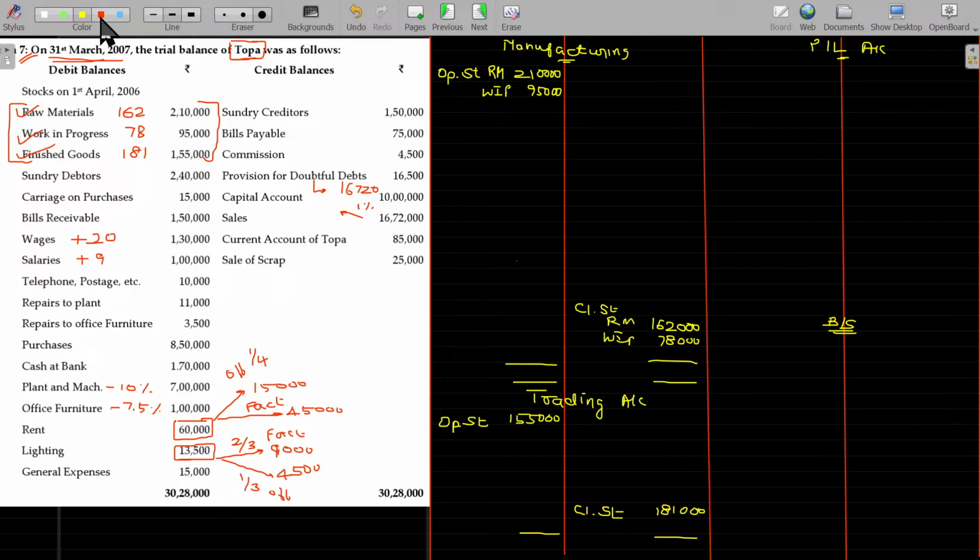Stocks over. Let's move on to the sundry debtors posted in the asset side. Sundry debtors, the value being 2,40,000. Anyhow, we have provision, right? So I put the value in the inner column minus PDD.